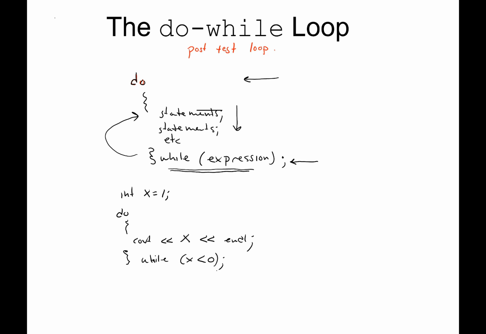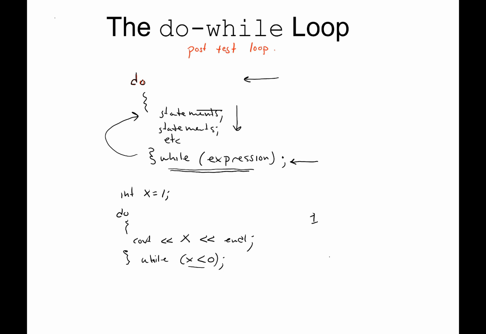We need the semicolon at the end of that line. So this is going to come in, and it's going to print out the x. It's going to print out 1 to the console because x is equal to 1. And then it's going to get down to our condition, find that it's false, and it's going to exit the loop.